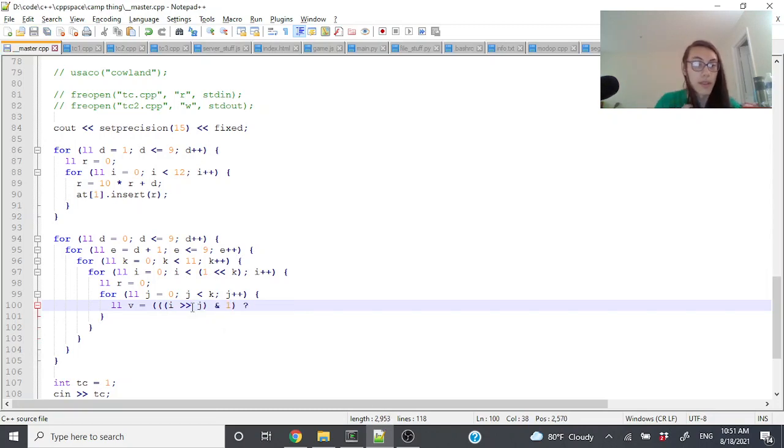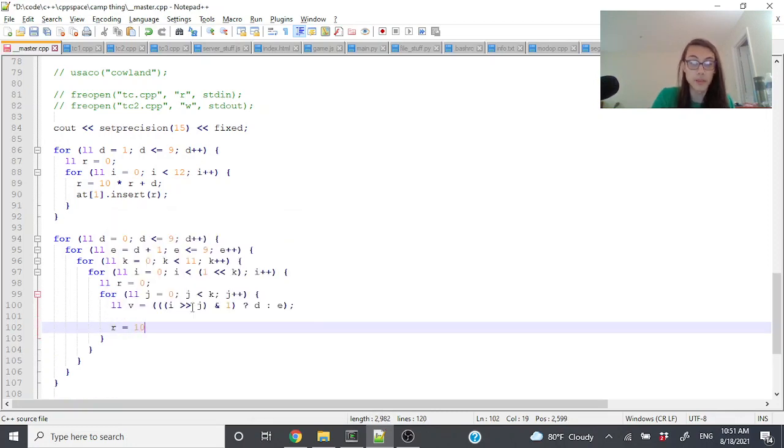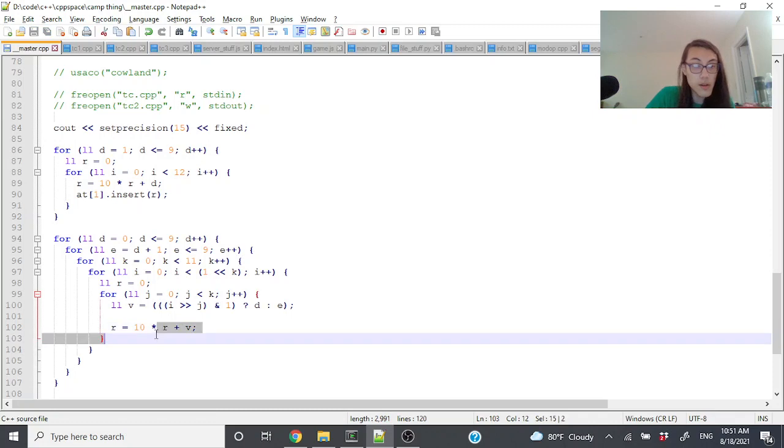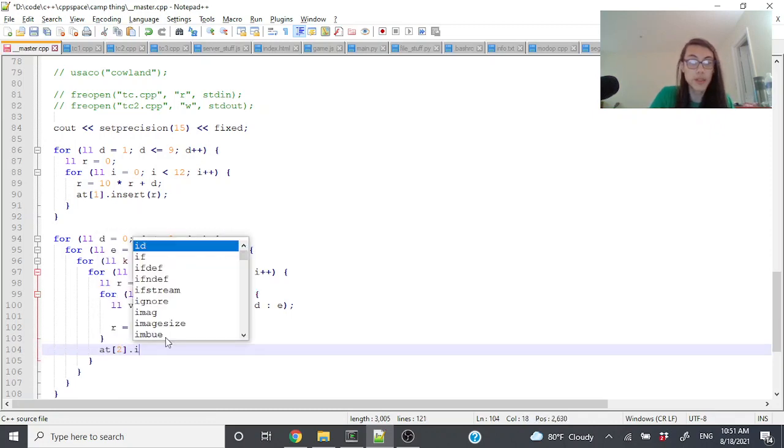Is that bit on? If so, d, otherwise e. r is equal to 10 times r plus b. 2 dot insert r.